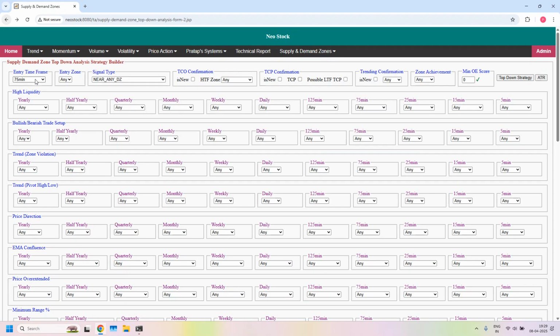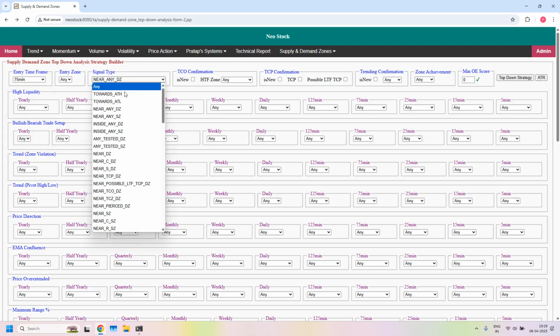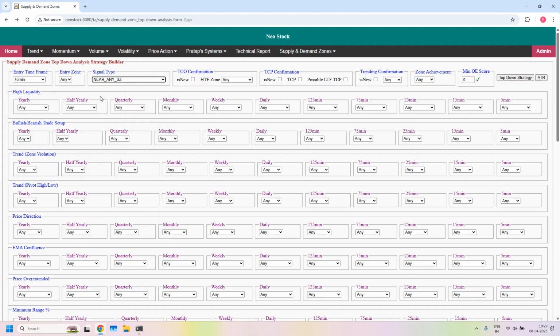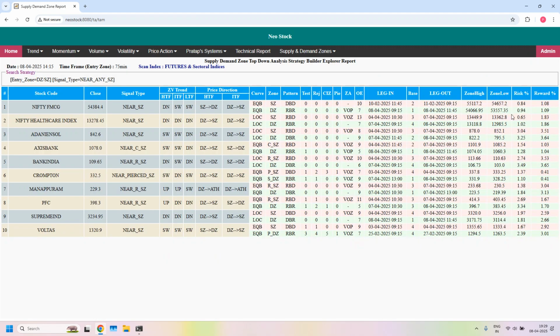Okay, next for 75 minutes time frame, let us find the stocks near to the 75 minute supply zone. We got 10 stocks. Let us identify high liquidity 75 minute supply zones from this list. Axis Bank is having a 75 minutes high liquidity supply zone.